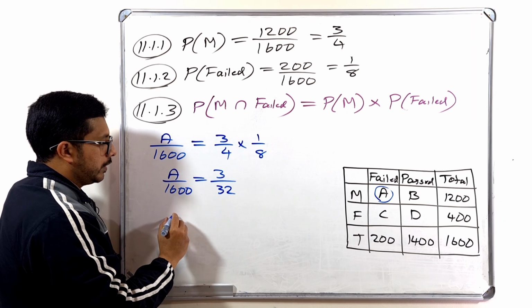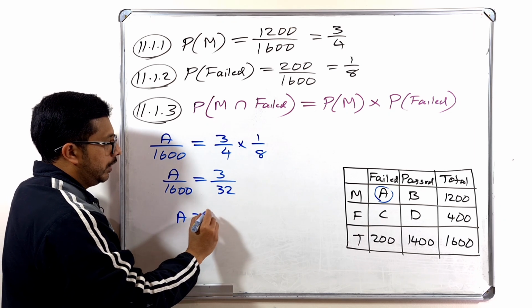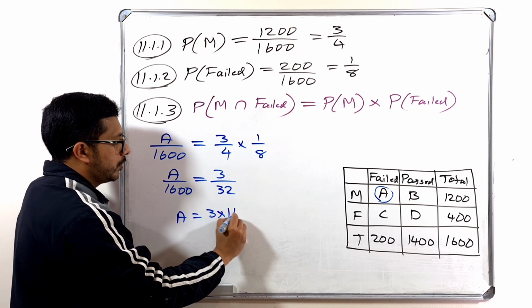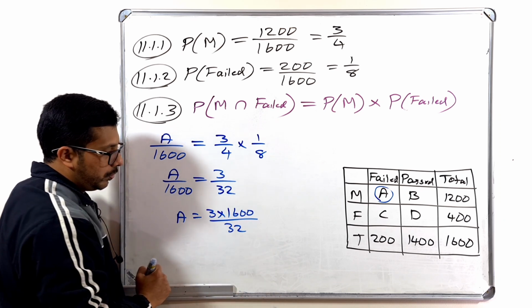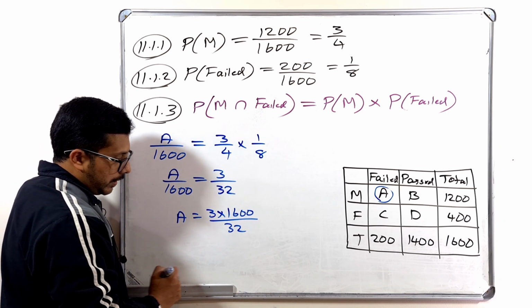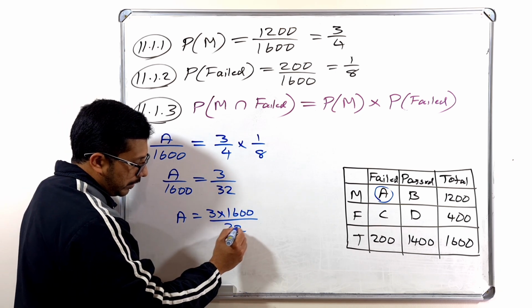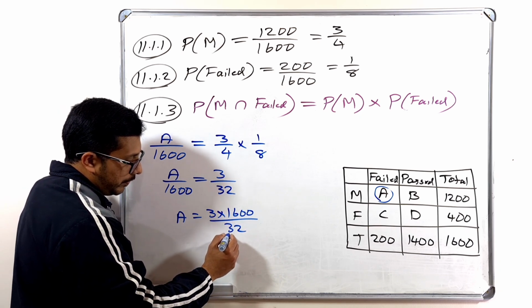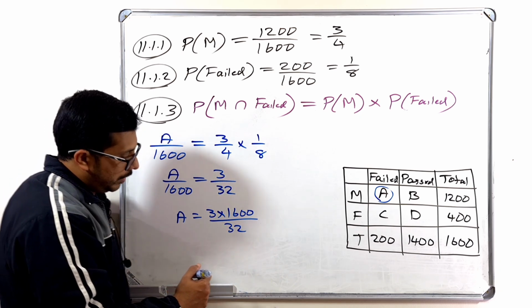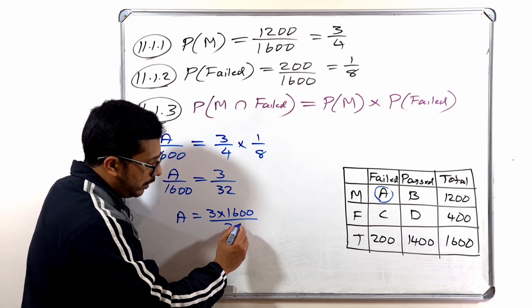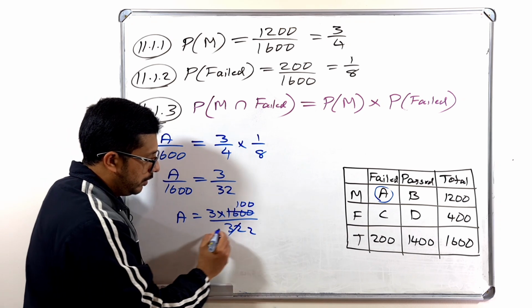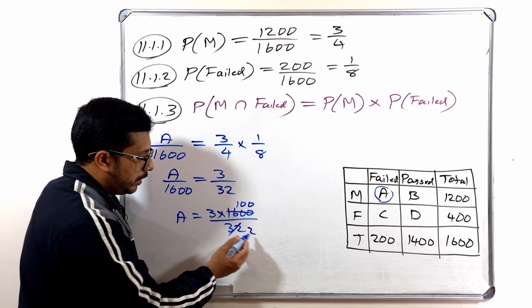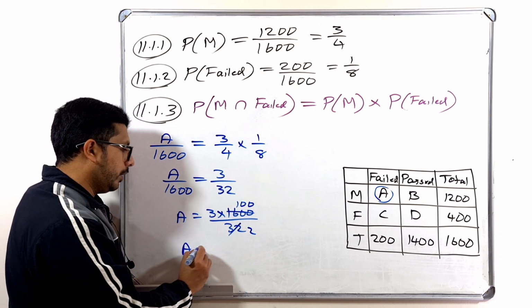So A is equal to 3 times 1600 divided by 32. If I divide by 16, this is 200. 3 times 100 is 300, divided by 2 is 150.